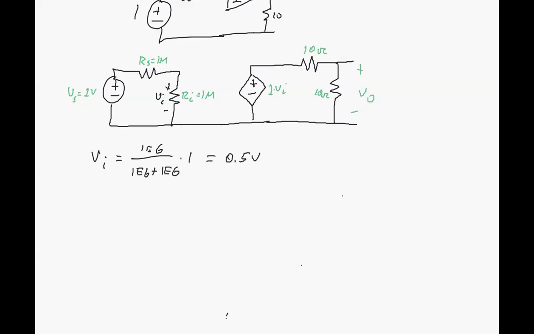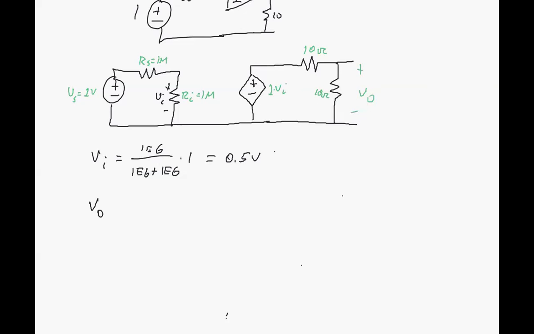And that 0.5 volts would be reproduced exactly by this voltage source. Excuse me. So we've got this 0.5 volts on this voltage source, but we have another divider right here. And to find V out, we need to use this divider.